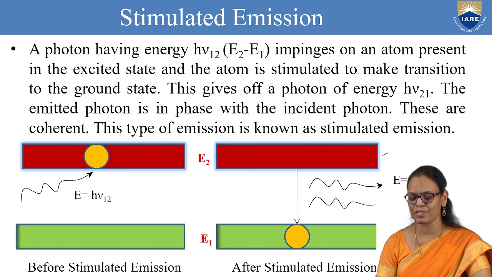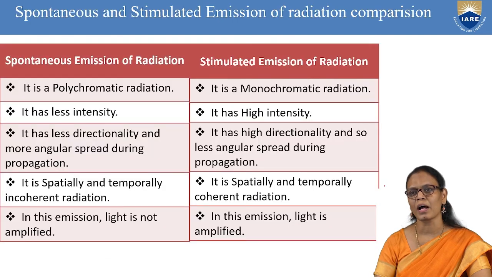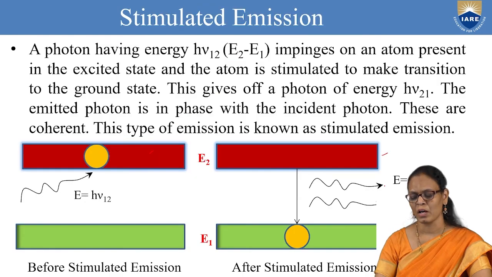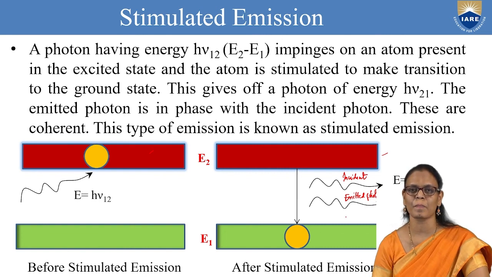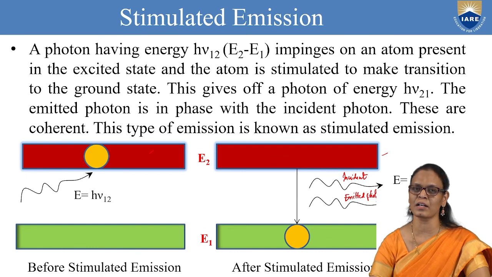This corresponds to the incident photon, and also this is the incident photon and this is the emitted photon. So these two are in phase with each other. Therefore, we get laser. I hope you have understood the very important phenomenon that is taking place in laser, with the help of which you can understand laser.